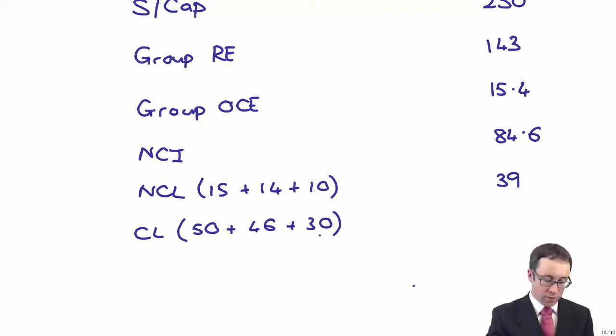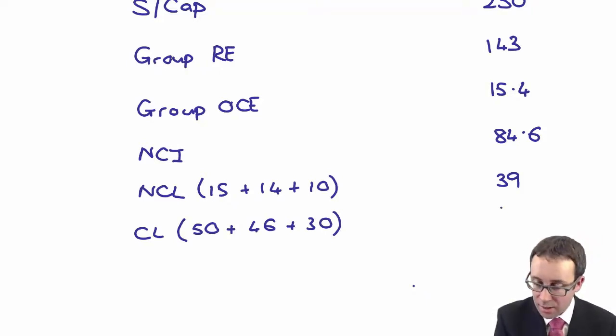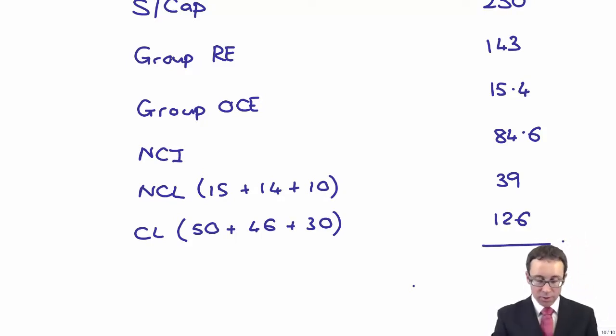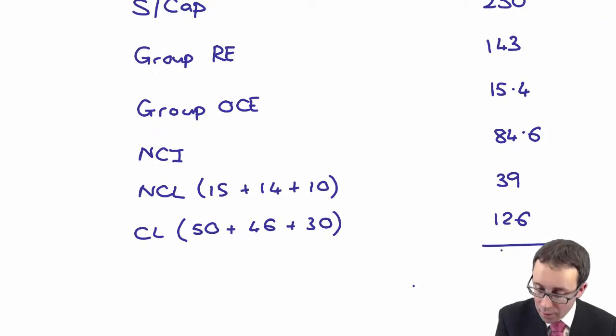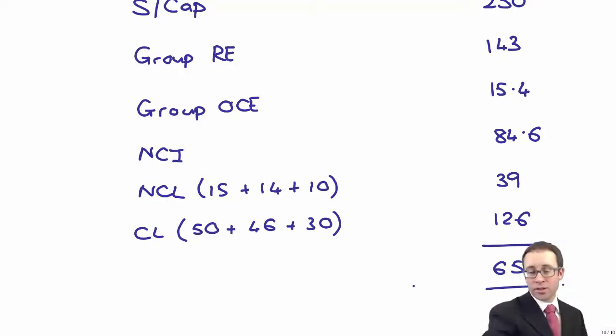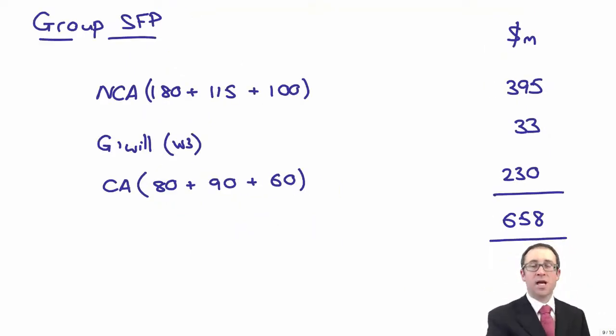So 50 plus 46 plus 30 gives me 126. When you total it up, you end up with 658, which you'll be glad to see is the same as our assets figure at the top.